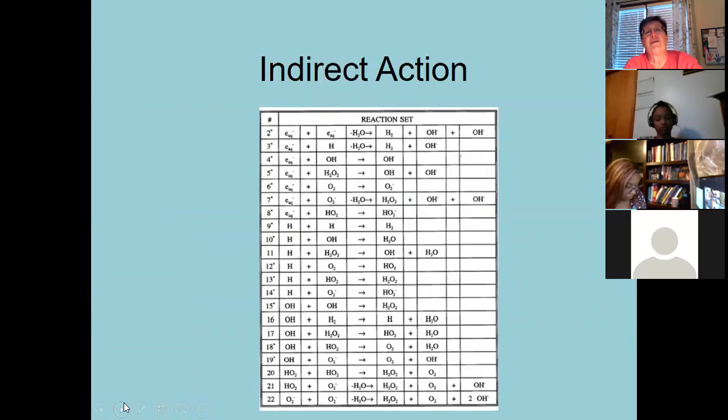This is a table. Is this the reaction set from the radiolysis of water? So it shows different combinations of these free radicals and what they can produce. My intent was not for you to memorize this set or anything like that, but just to show you how many different things could happen, how many different substances can be produced. The two main ones occur when the hydroxyl radicals join and produce hydrogen peroxide.